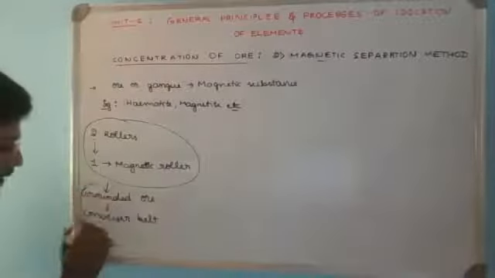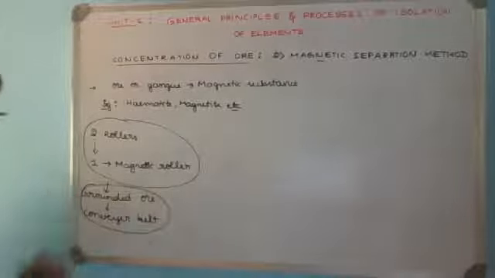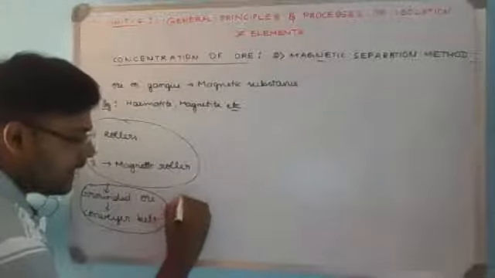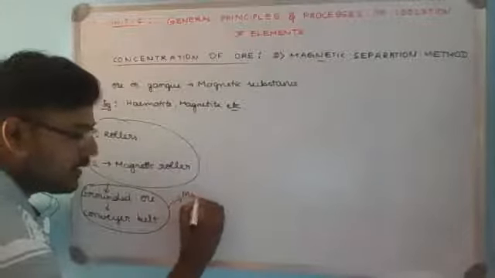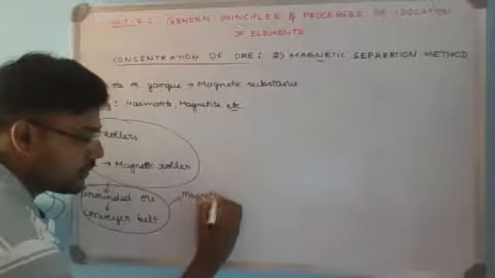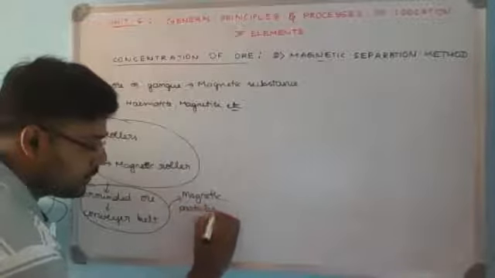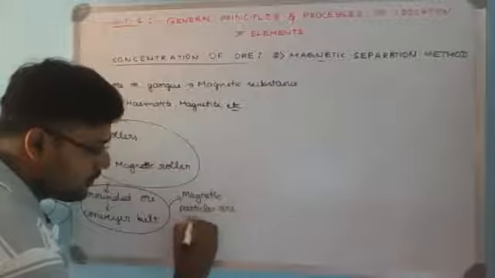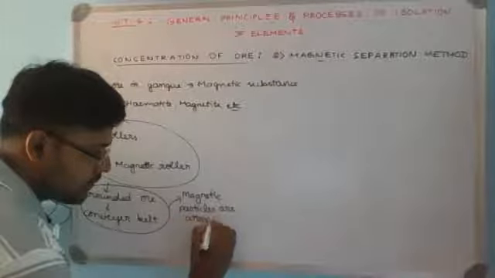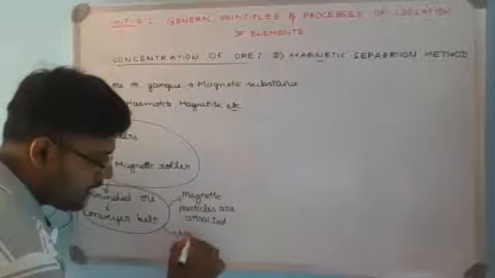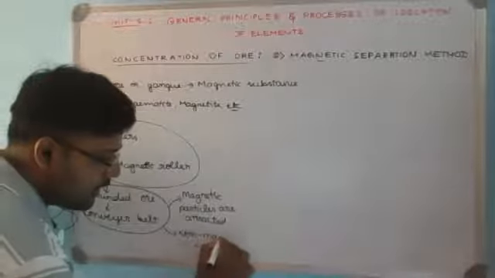So with this arrangement, when the particles reach the surface, magnetic particles are attracted near the roller, whereas non-magnetic particles are thrown away from the roller.